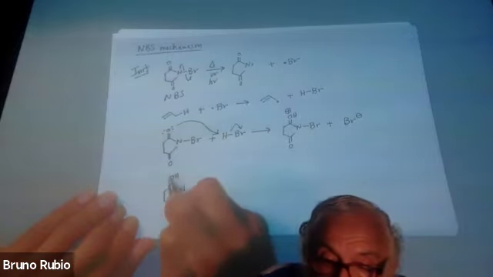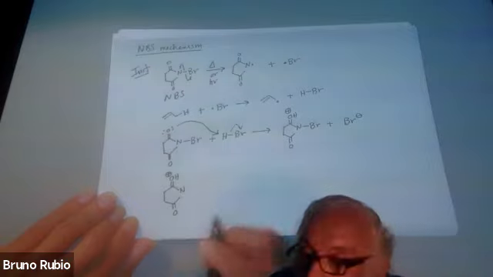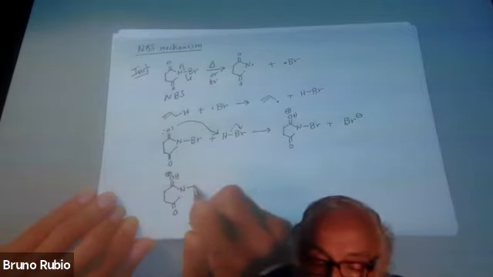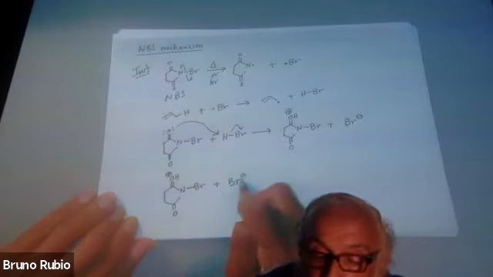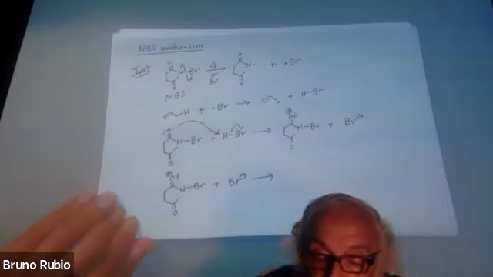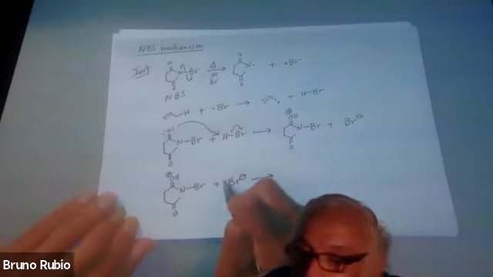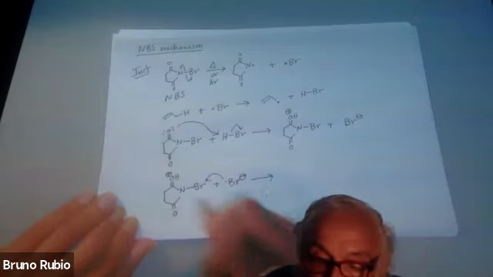this protonated carbonyl, reacts with the Br minus that was just produced in the earlier step. And these electrons are going to remove this bromine.